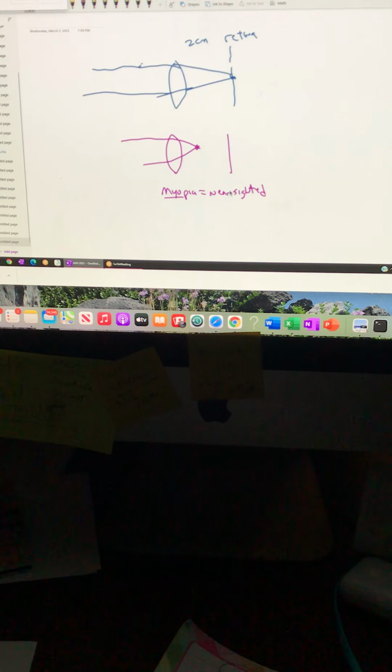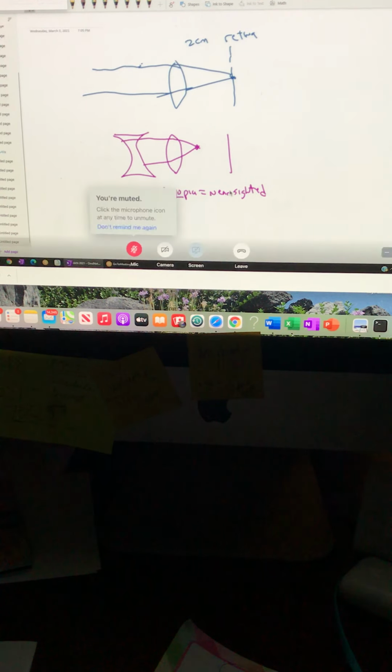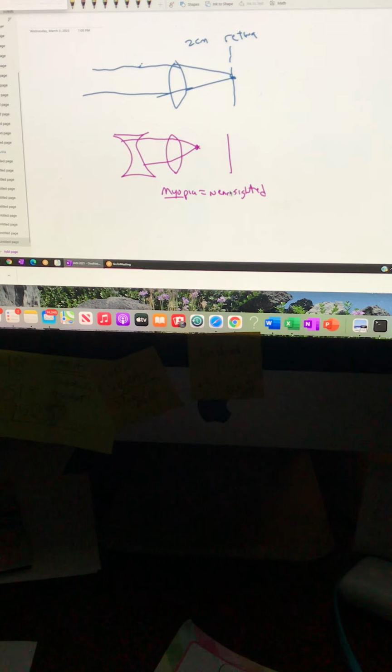How are we going to correct myopia? We're going to give you a diverging or concave lens. The concave lens will take the light and pop it out a little bit, and now it can come back and focus on the retina. Got it?